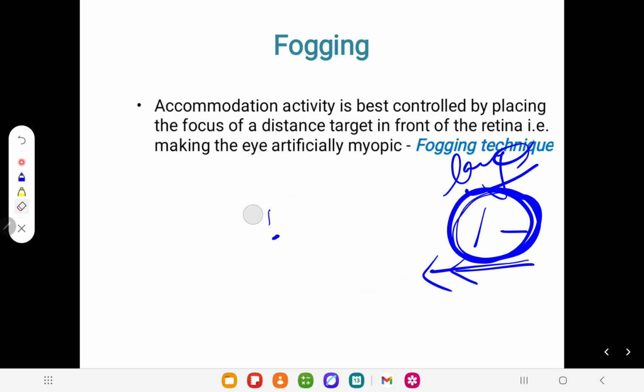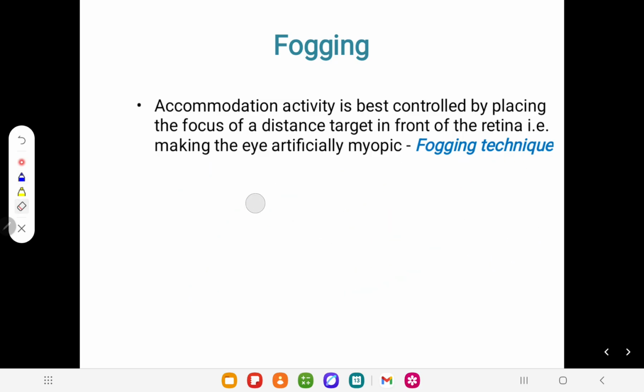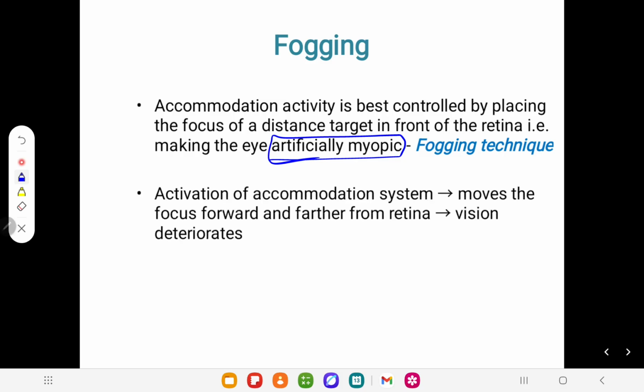That's why we put a larger plus lens in front of the eye, so that we can make it artificially myopic, because we know myopic eyes do not want to bring the focal point even further closer towards the lens, even further away from the retina, isn't it? That's what fogging basically means, making the eye artificially myopic.